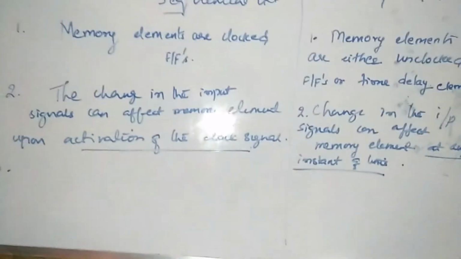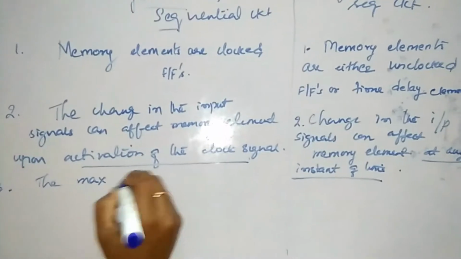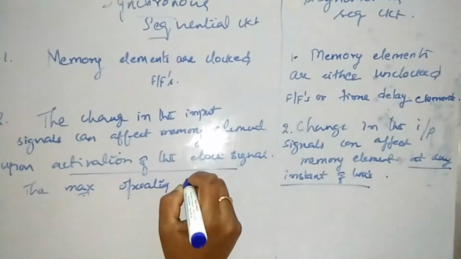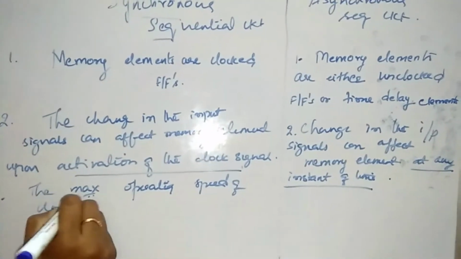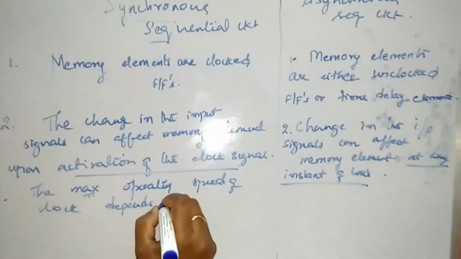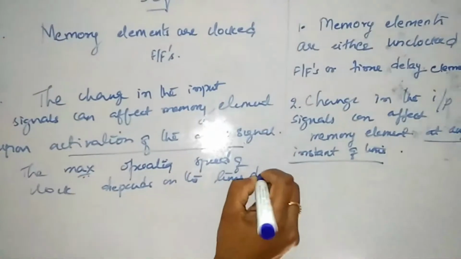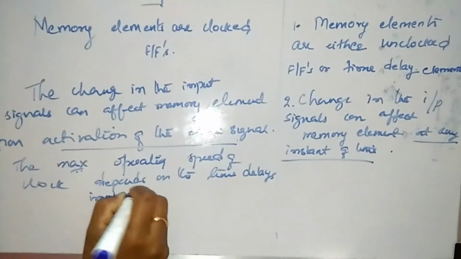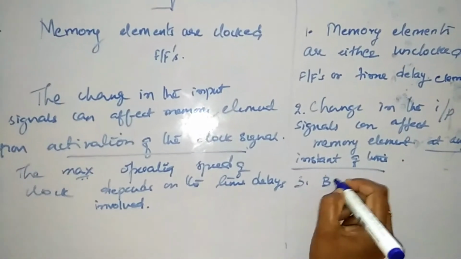Then the third major difference is the maximum operating speed of the clock depends on the time delays involved. Here we know that there is no clock.